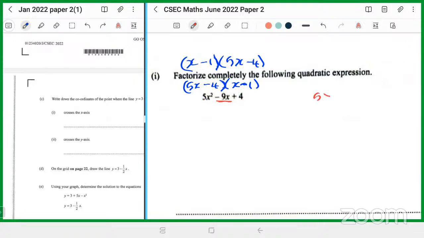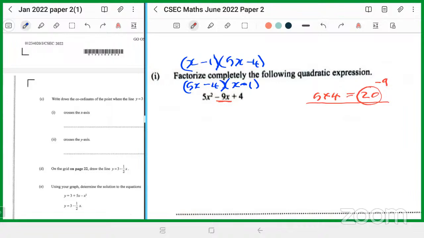The 5 times the plus 4 gives us 20. We're looking for factors of 20 that add to the middle coefficient of negative 9. Factors of 20 that add to negative 9. All right. So here now we're looking for factors of a positive 20 that add to a negative 9. Factors of a positive number are either 2 positive numbers or 2 negative numbers.